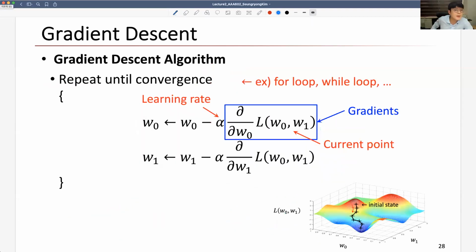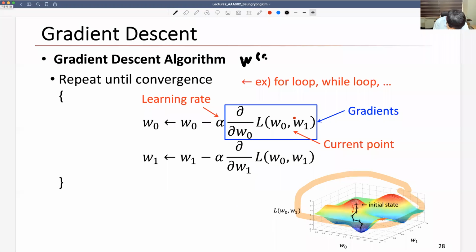Okay, so let's summarize the gradient descent algorithm. We can make a pseudocode for the gradient descent algorithm as follows. If you remember this one, first of all, we need to define the initial parameter values.